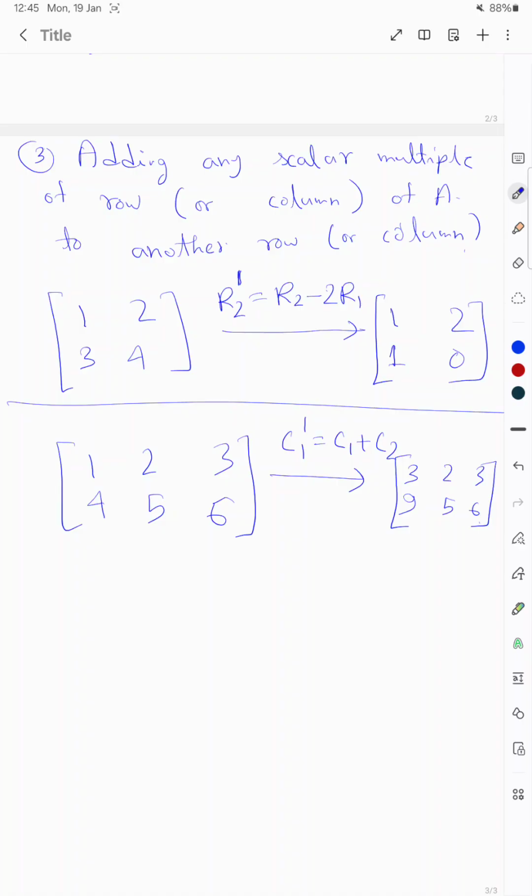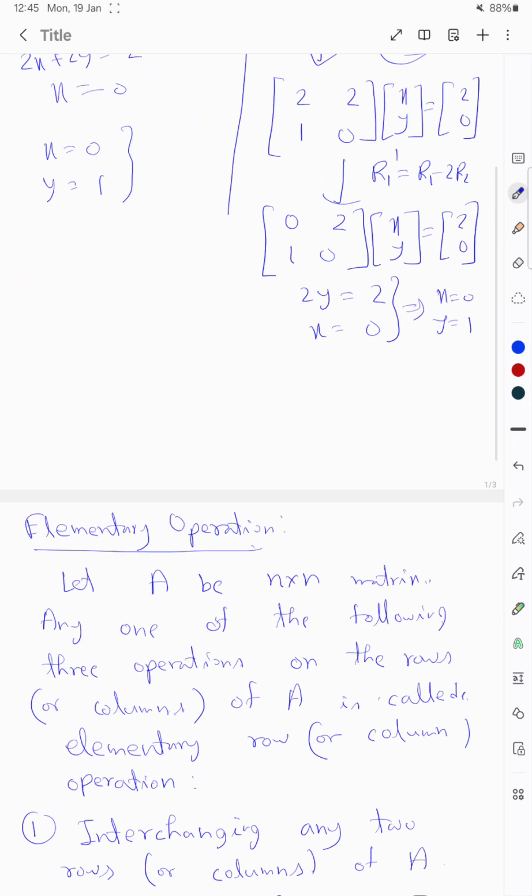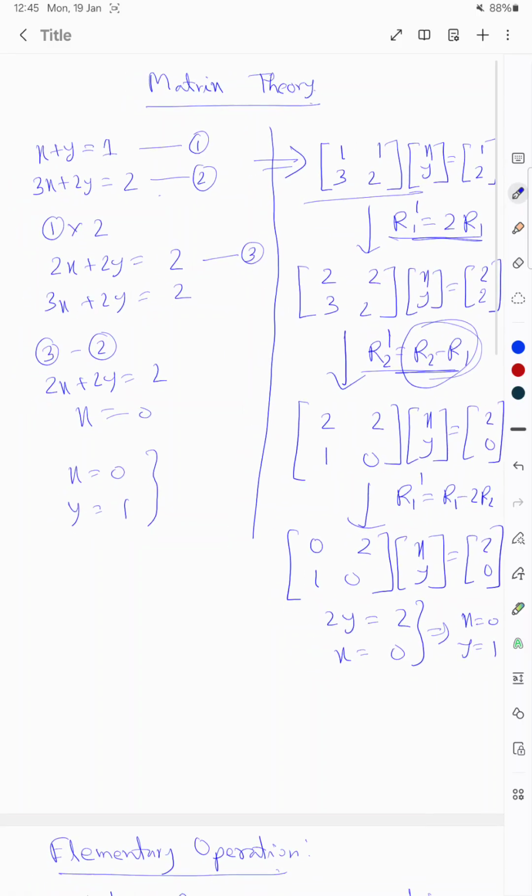Now you may think, how do you choose which operation you have to apply? You will see later. For example, whenever we are solving this, what is our target? To find the value of x and y, right? So basically you want some diagonal type of matrix. If you have this type of matrix, you see it is very easy to find the value of x and y, instead of this type.